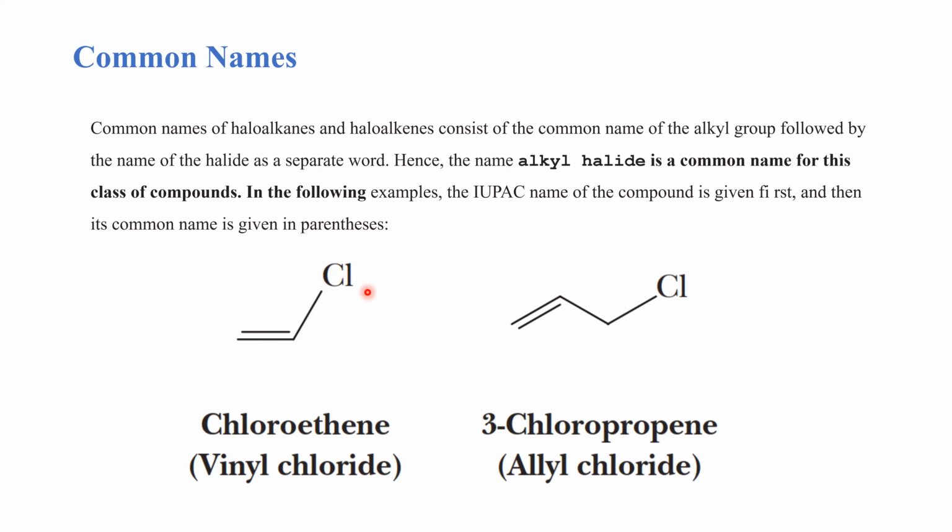So there is a chlorine, the halogen, attached, which specifies that we have to start numbering from this carbon, and this should be the lowest number. So 1 and 2, right? We are not mentioning the chloro 1 number here, right? So this is chloroethene, vinyl chloride.